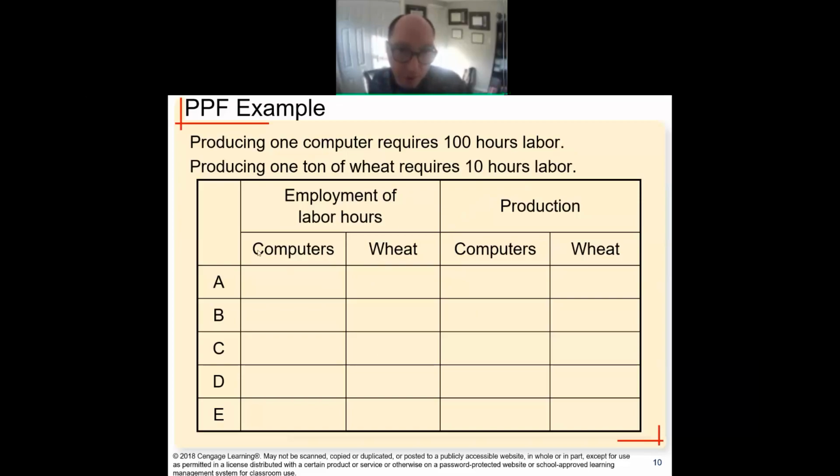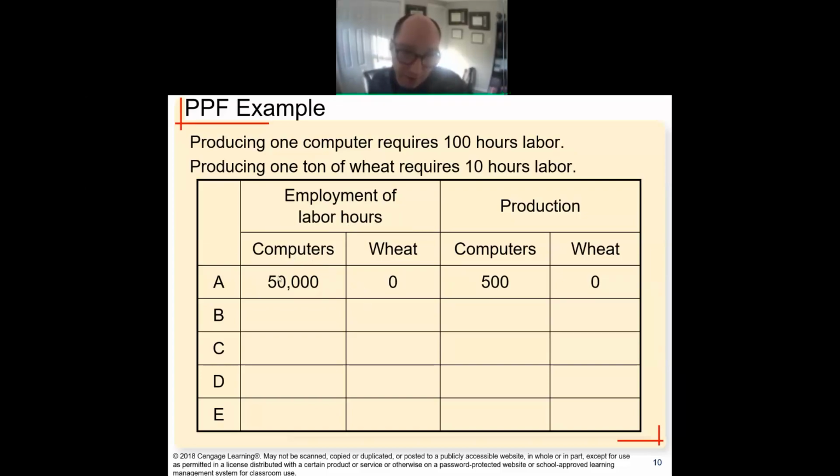So we have a nice, cute little chart here, okay? We have employment of labor hours, and we have production. Now remember, I have a maximum of 50,000 labor hours available per month.